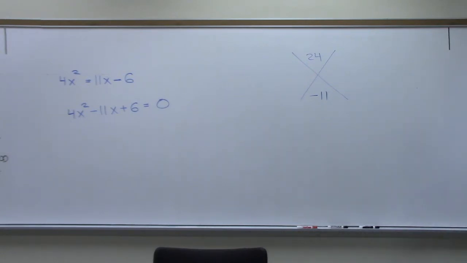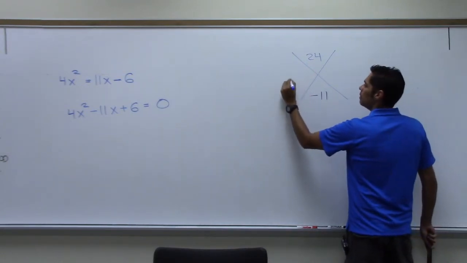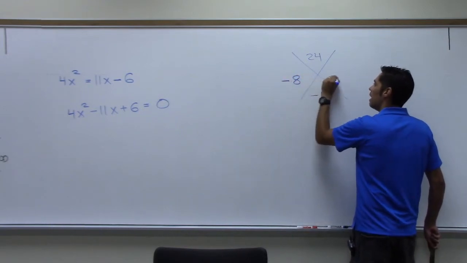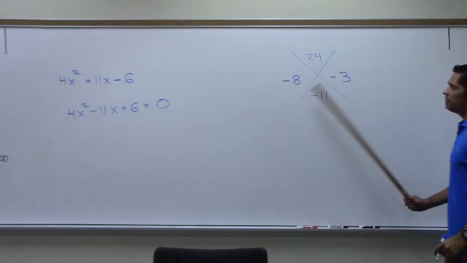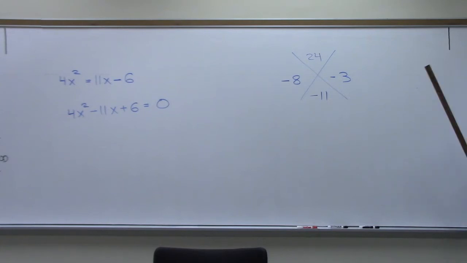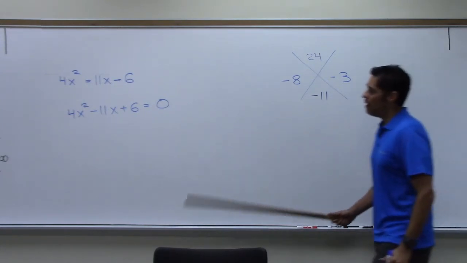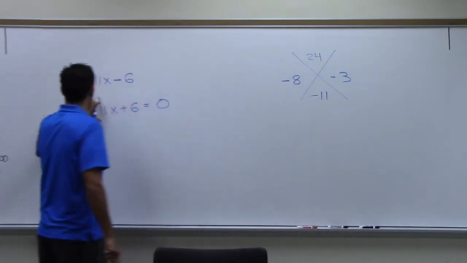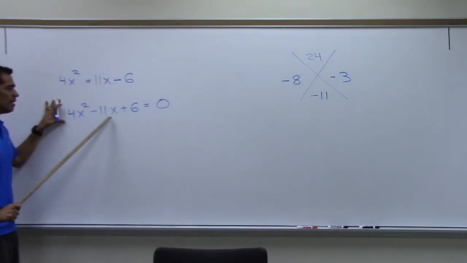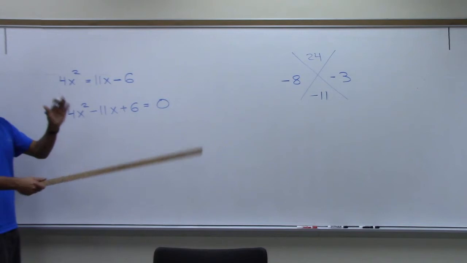Yes. What are they? Negative 8 and negative 3 again. Negative and negative. That will work. Good? Okay, so what I'm going to do now is rewrite this trinomial over here. And I'm going to rewrite the negative 11. I'm going to do my 4 terms. I'm going to do my grouping.